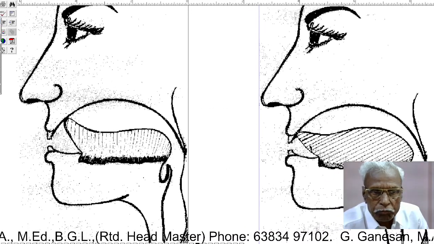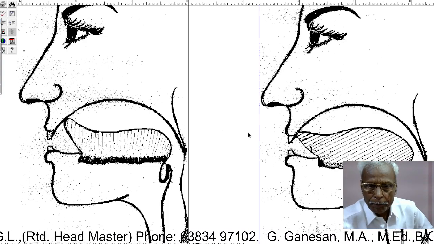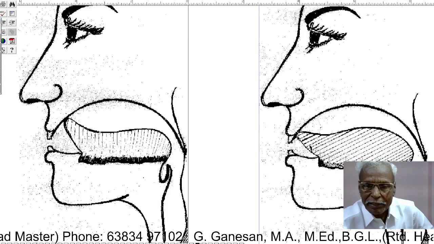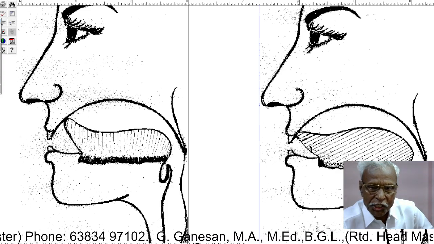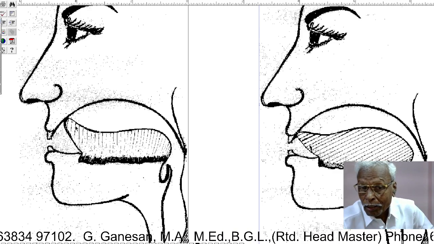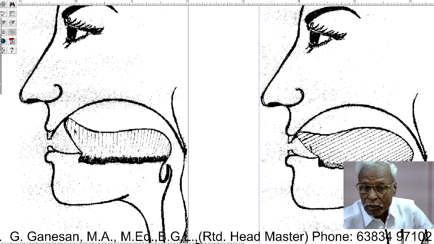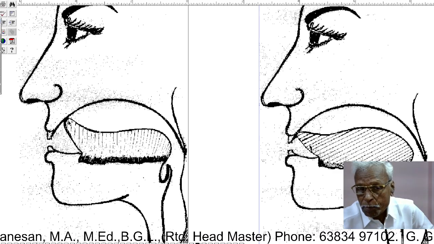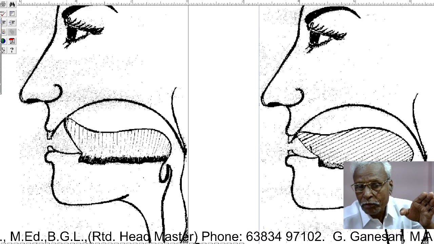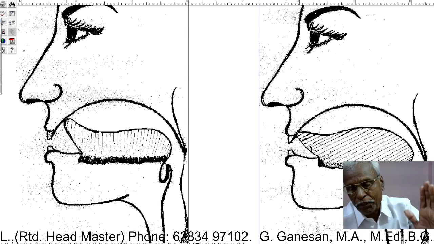In the production of the English sound, the tip of the tongue has a tight contact with the upper teeth ridge, but in the case of Tamil, the tip of the tongue has a tight contact with the front of the mouth, just above the upper teeth ridge.